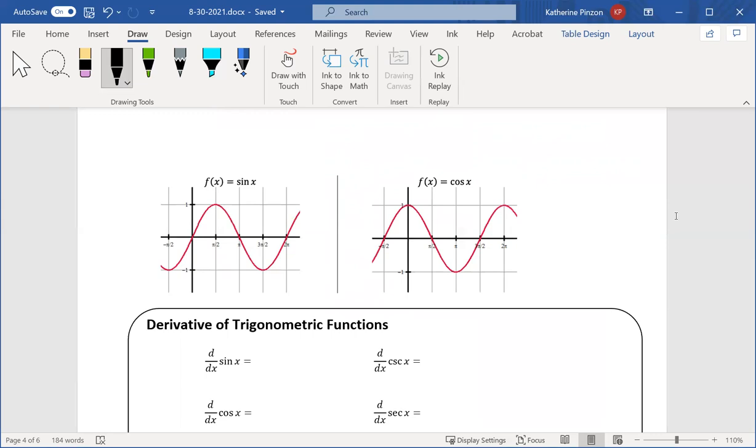At the tops and bottoms, right? So here at pi over 2, the slope is 0. Here at 3 pi over 2, the slope is 0. Here at negative pi over 2, the slope is 0. Agree? So I'm going to plot those points here. This green line that I'm drawing represents the slopes.